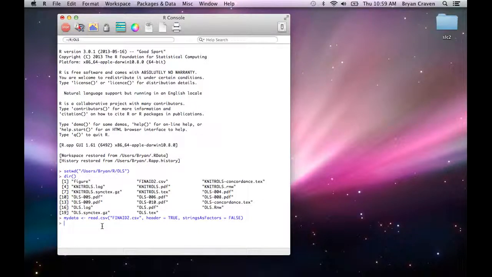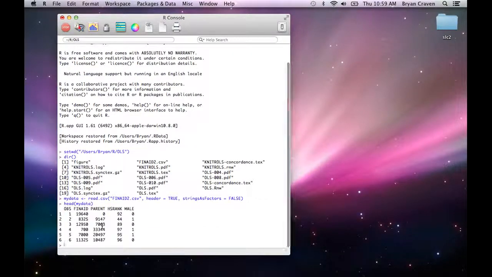And we can get a look at that data that we just brought in with the head command, head(mydata). So we see here we've got the financial aid data, parent financial contribution data, high school rank, GPA, and we've got a dummy variable there for male or not male.